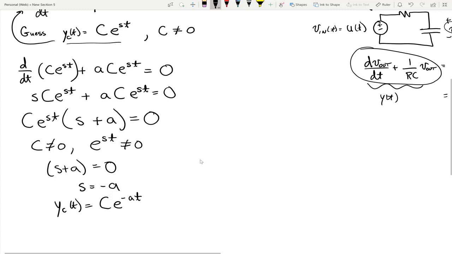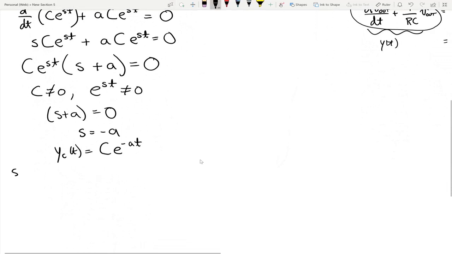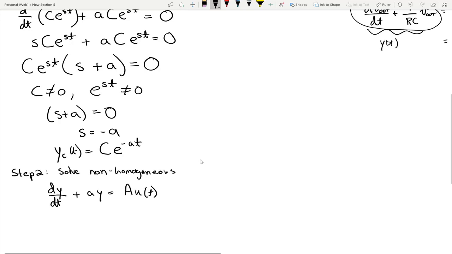I have that down so far, but I'm not done. That was only step 1. Step 2 was to solve the non-homogeneous. For this, we go back to the original equation, dy dt plus ay equals A u of t.